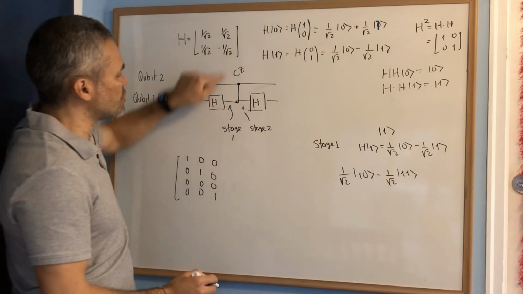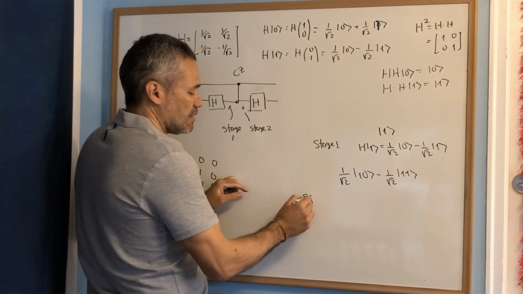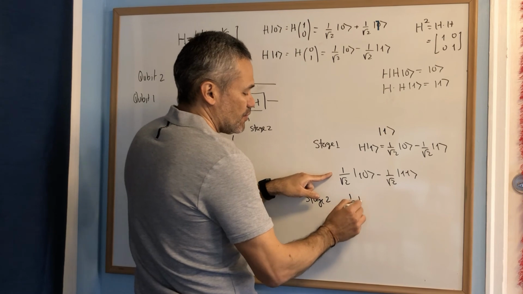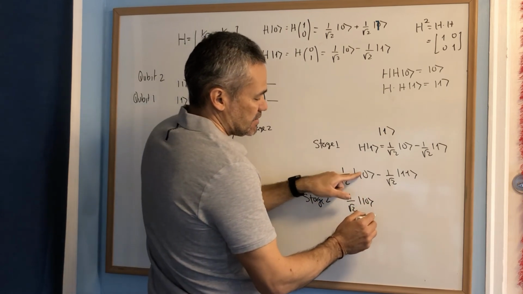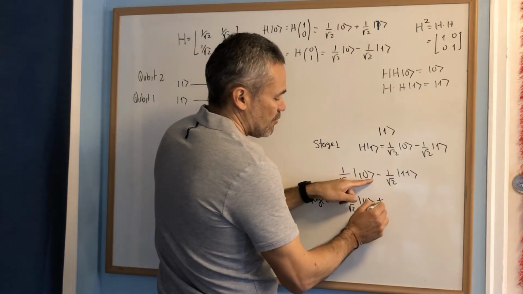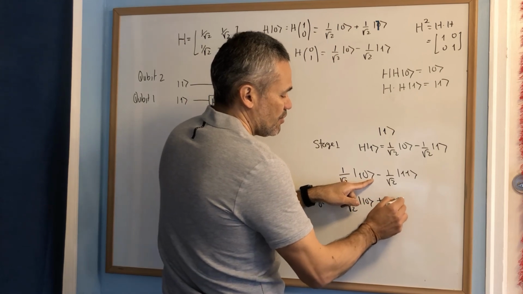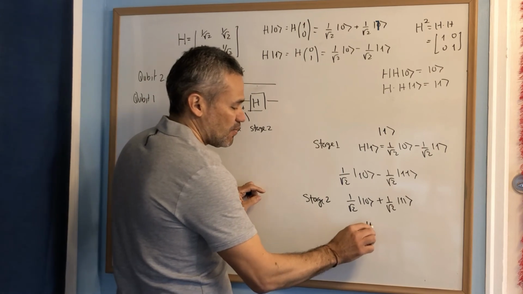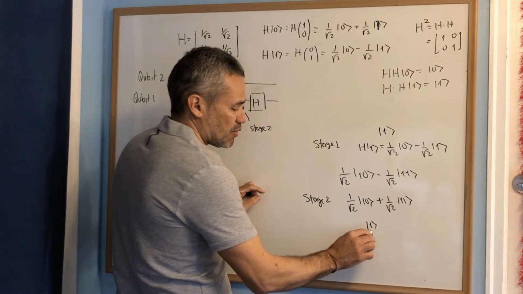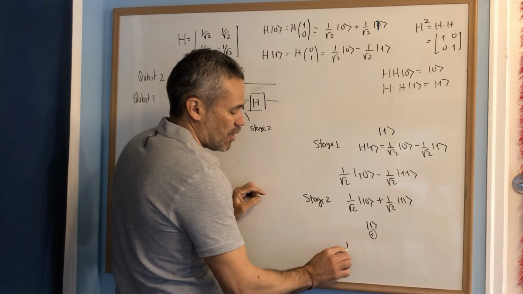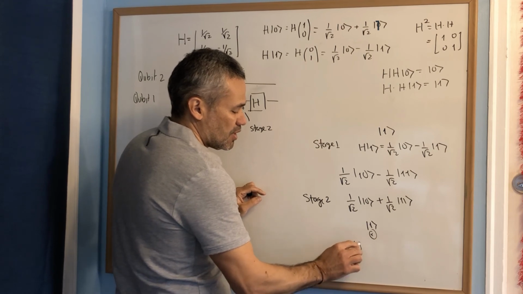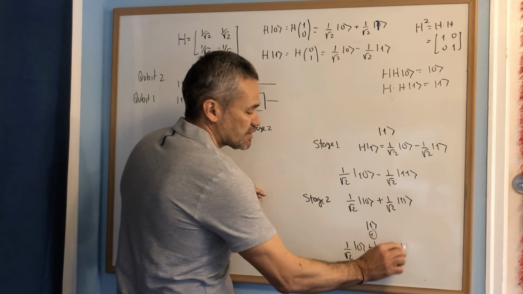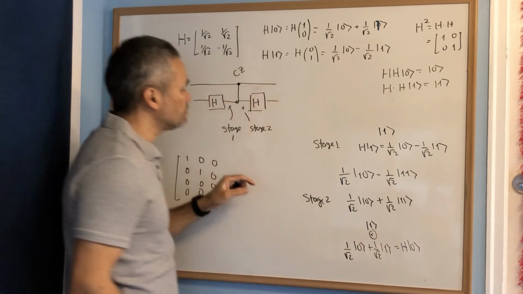Then at stage 2, we need to apply the CC. And then this changes into 1 over the square root of 2, 1, 0. This stays the same, and this one changes the sign. It will be plus 1 over the square root of 2, 1, 1. And I can write this as a state 1 tensor product with 1 over the square root of 2, 0, plus 1 over the square root of 2, 1, which is just h of 0.